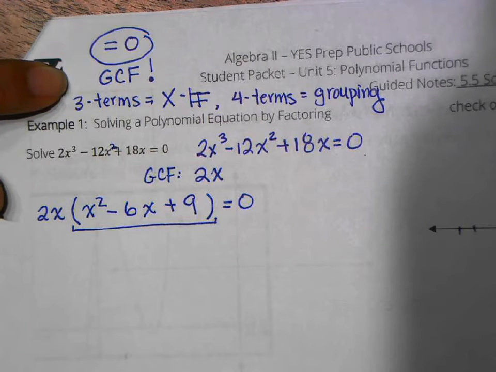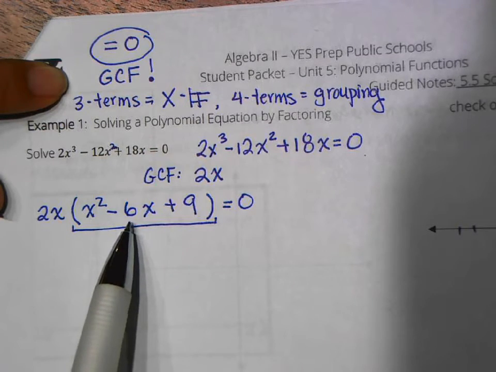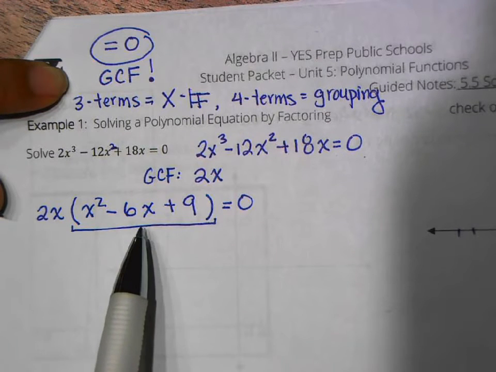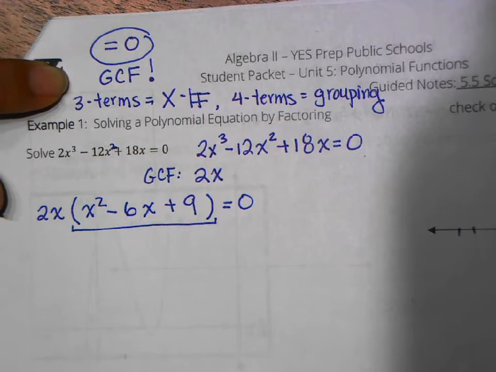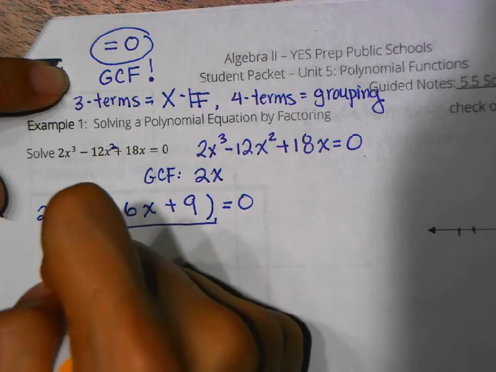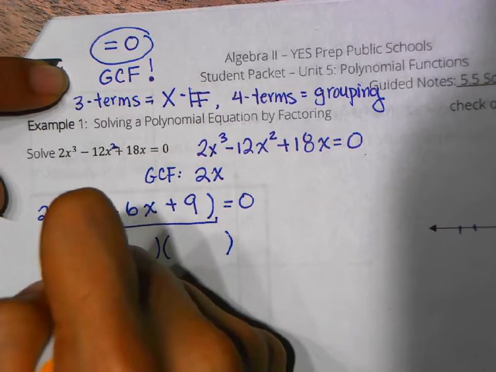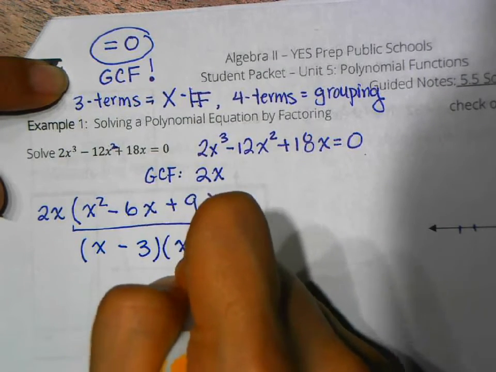Remember going all the way back to last unit when we did completing the square. If I take the middle term divided by 2, that would give me 3, and then square the answer, so 3 squared is 9. That would give me my last term. This is a perfect square. So this can actually factor out to be x minus 3 times x minus 3.